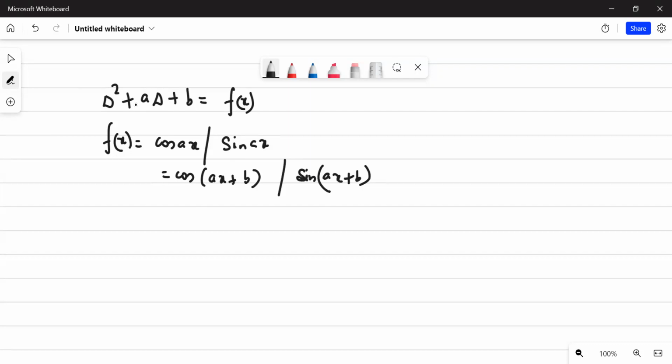So if I have a second order linear non-homogeneous differential equation, and on the right hand side I have trigonometric functions, particularly sine and cosine, not secant or tangent.